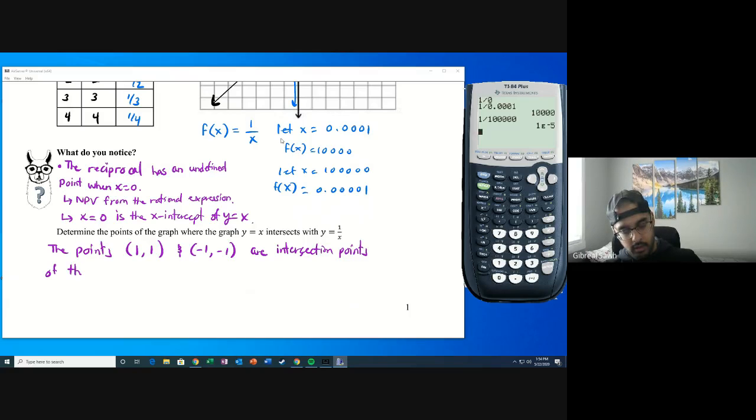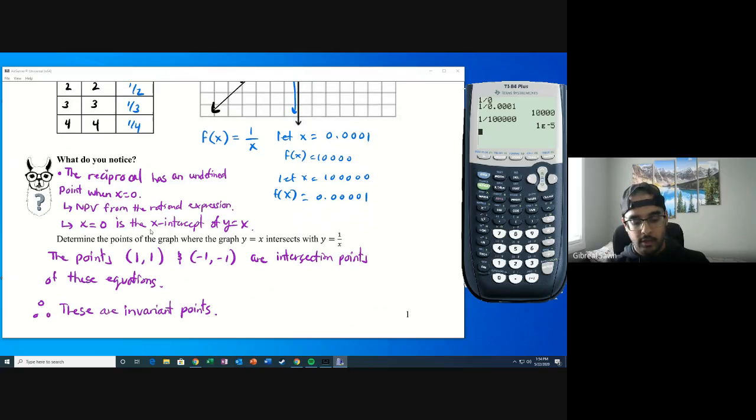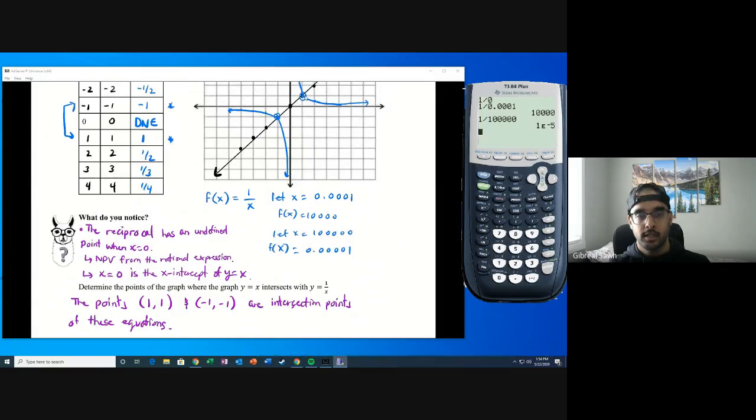of these equations. Those points didn't vary from one to the other, and for that reason, we call them invariant points, since they do not vary. Now, the value of them doesn't vary. The y-coordinate is going to be always at -1, +1.